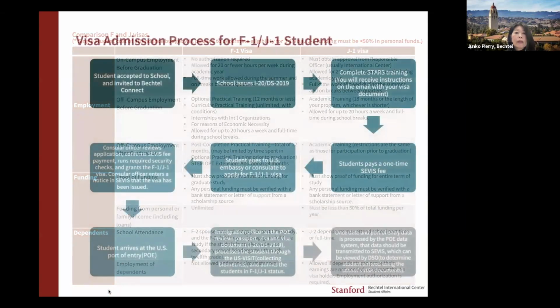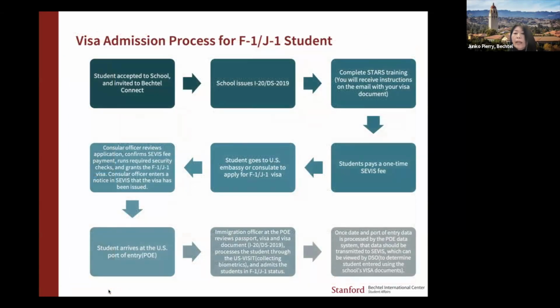All right. So once you decide which visa you're going to be applying for, then you can start the process of applying for the visa documents. Once you accept the offer and decide to come to Stanford, and as soon as the university publishes the expenses for the next academic year, which usually happens sometime in March, then we are going to send you an invitation for Bechtel Connect.